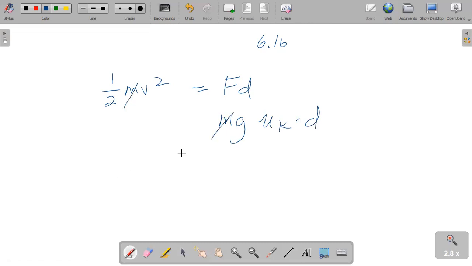Let's see, we were solving for d, right? v squared over 2g mu k equals d. So once again, I have my initial energy, and we're turning it into work. This is the work-energy theorem with friction. All right, so practice these problems. They're pretty good.